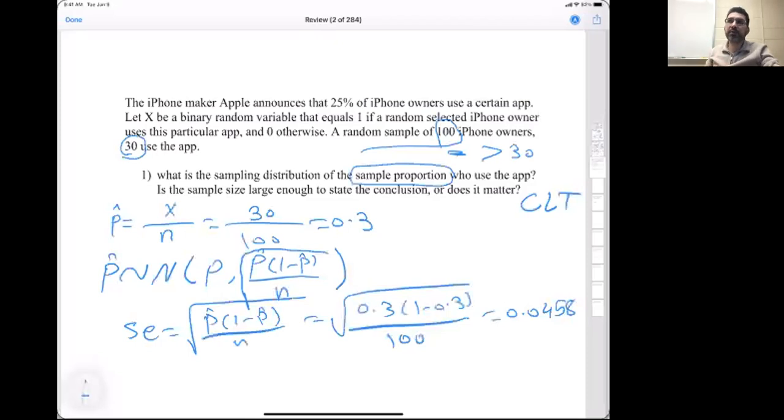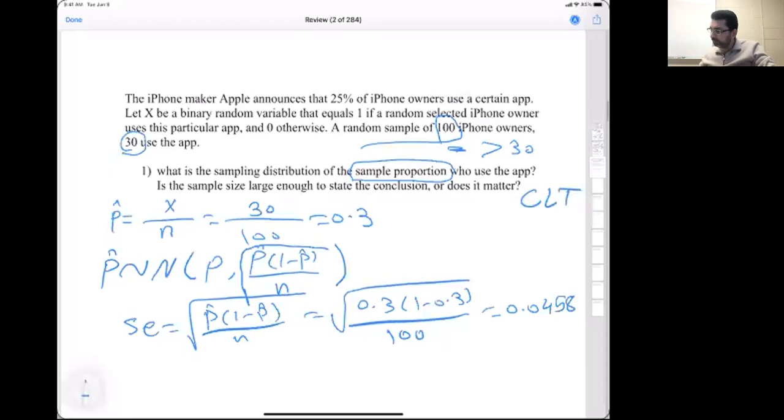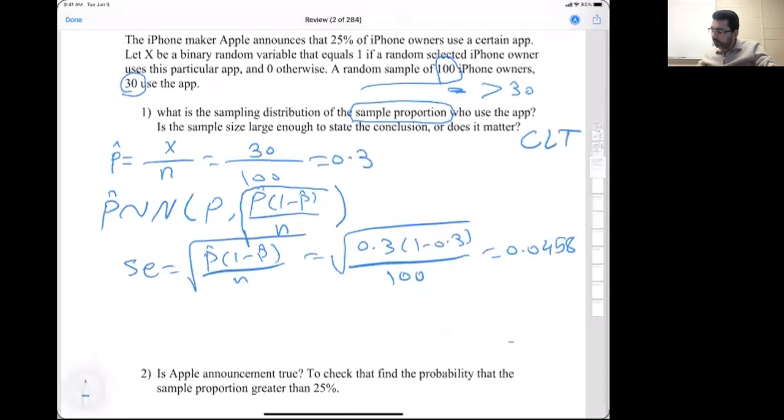So the distribution of the sample proportion is normally distributed in this case. Here we have P hat equal to 0.3, and of course the standard error is equal to this number. So it's normally distributed.